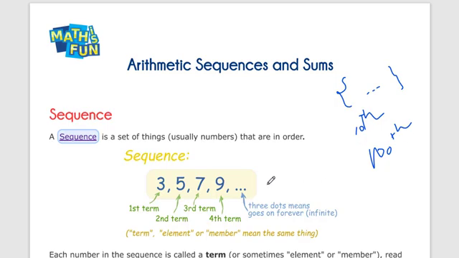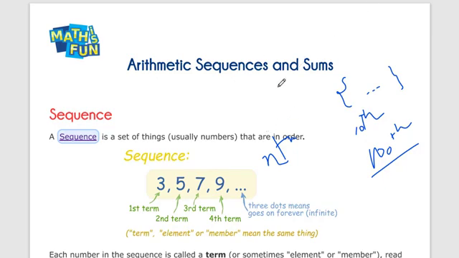We do not want to write out up to the 100th term and only after that find the 100th term. But with the help of the formula, within a minute we can find the 100th term or the 1000th term or any term, the nth term of any sequence.